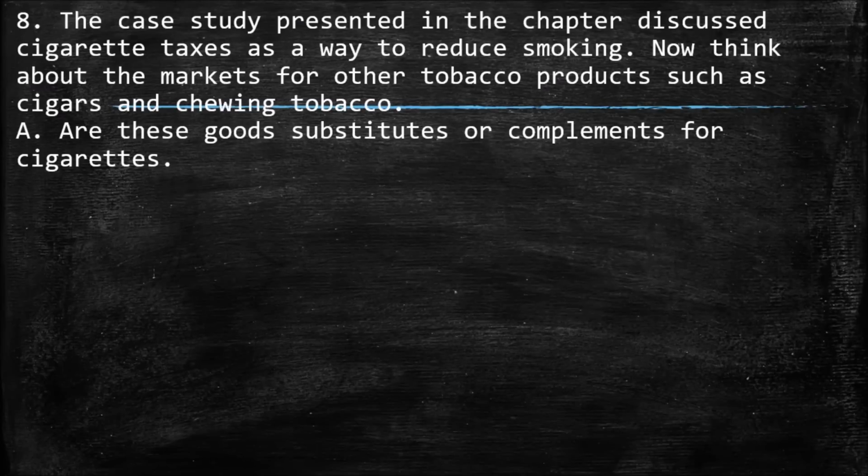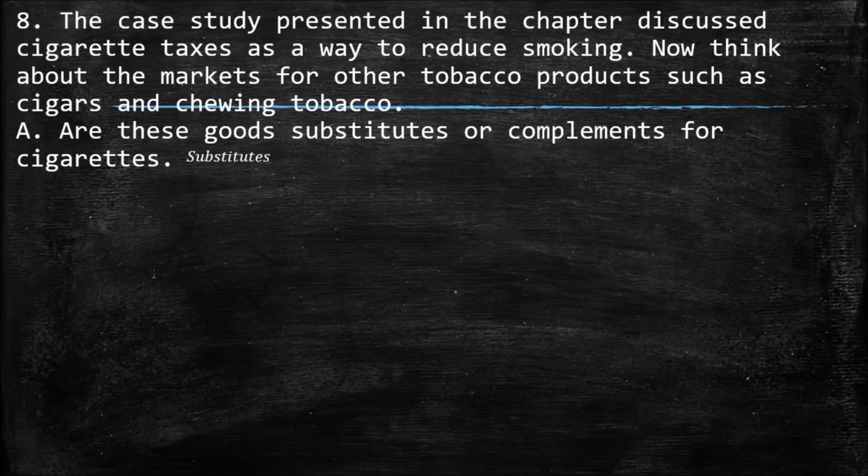Now the next point. The case study presented in the chapter discussed cigarette taxes as a way to reduce smoking. Now think about the markets for other tobacco products such as cigars and chewing tobacco. Are these good substitutes or complements for cigarettes?